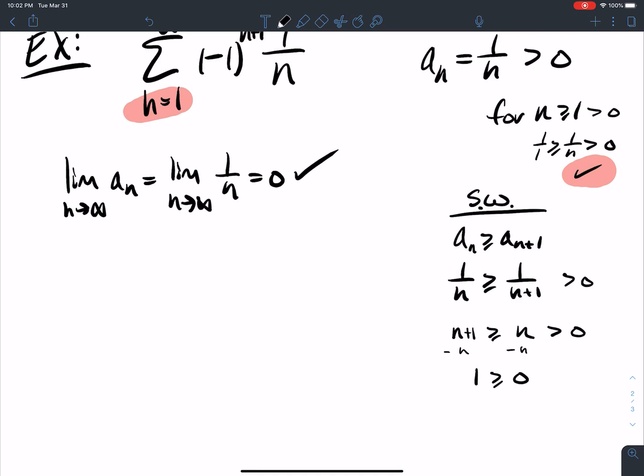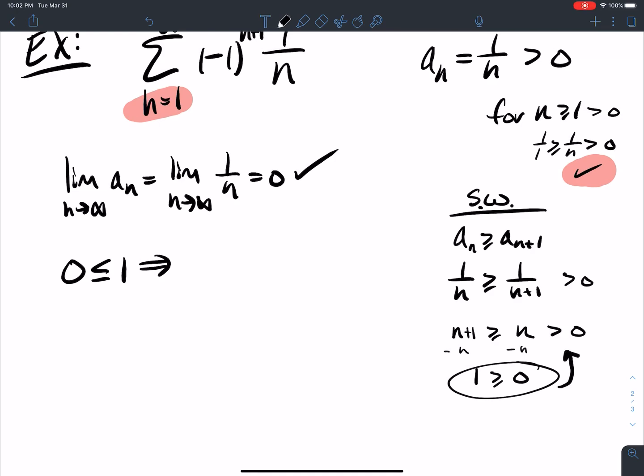All right, so let's build up from there. Let's just work backwards. I'm going to start with the ending, with something we know to be true. If I go back this way, the opposite of subtracting n is adding n. So if I add n to both sides, I get n plus 1 greater than or equal to n.